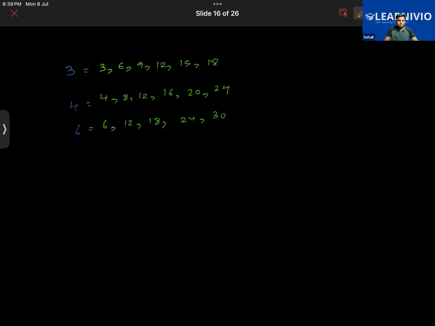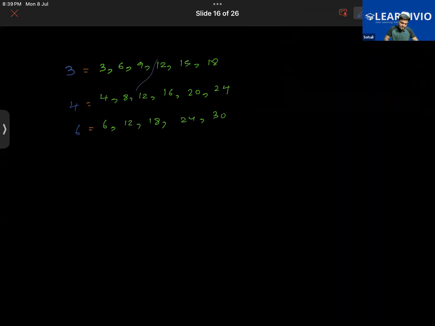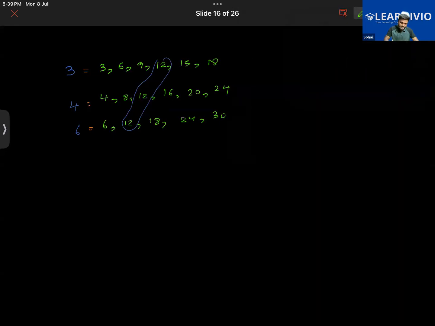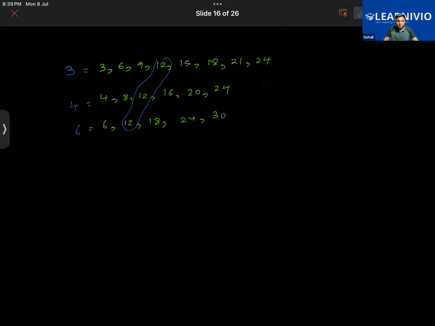12. Here we have got the common multiple as 12. Very good. So 12 is there. Okay. Further, if we were to extend it, 3 sevens are 21, 3 eights are 24 also. So now we have one more common multiple, that is 24.